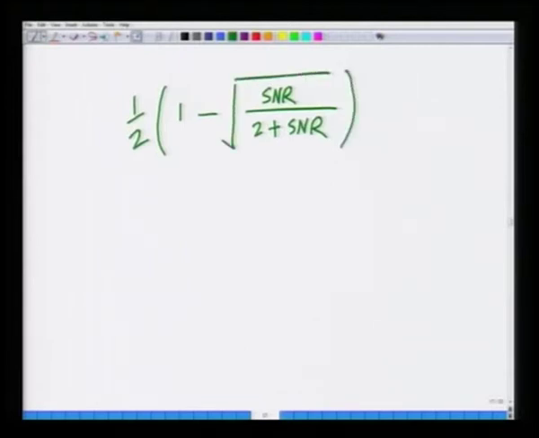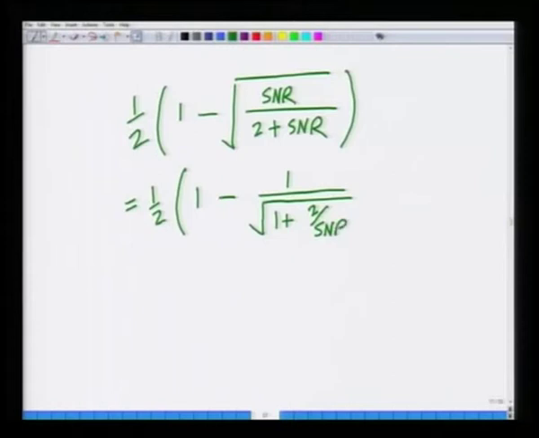This can also be written as half times 1 minus, dividing by SNR, 1 over square root of 1 plus 2 over SNR.